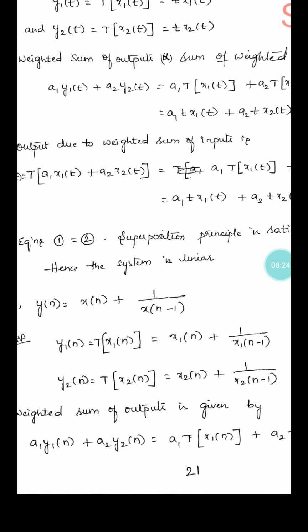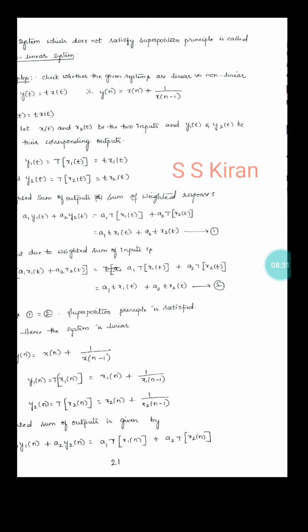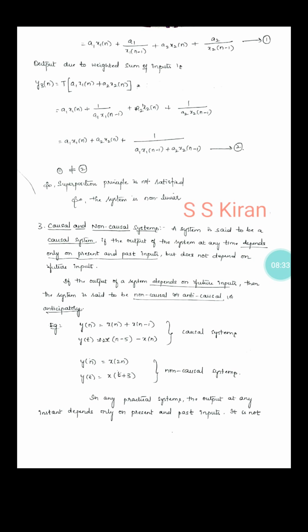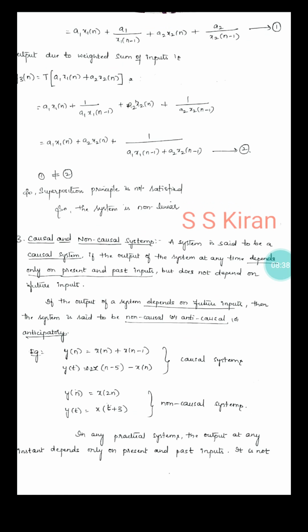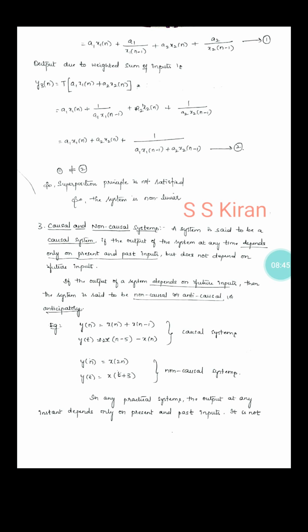Coming to the second expression, y of n is equal to x of n plus 1 by x of n minus 1. The same mathematical calculation we can substitute here. Look closely, you can understand. The weighted sum of the outputs is given like that, so the same mathematical calculations are applied here. Finally, the output due to the weighted sum of the inputs does not match the first equation to the second equation, which does not satisfy the superposition theorem.